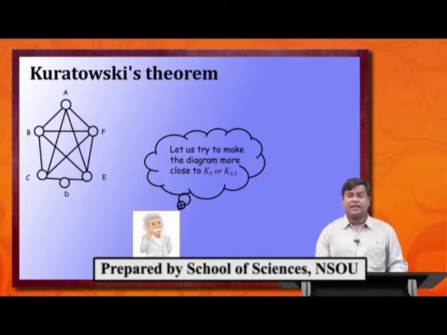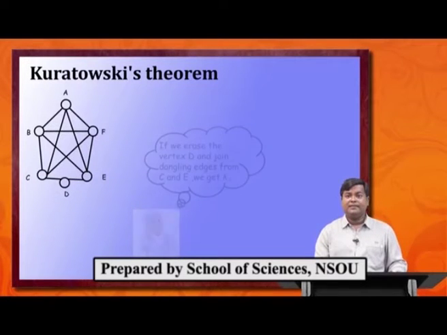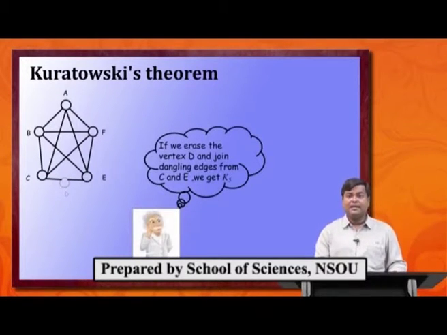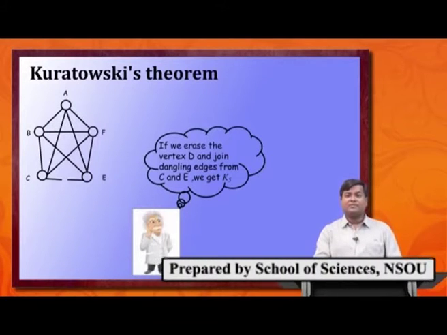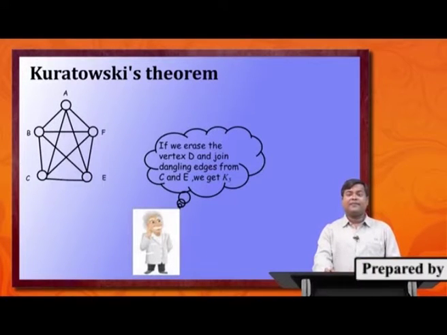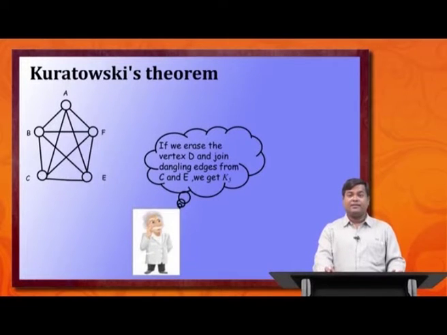CE is not an edge in this graph, but CD and DE are edges. So if we erase the vertex D and join the dangling edges from C and E, we get K5. So we can get K5 this way.